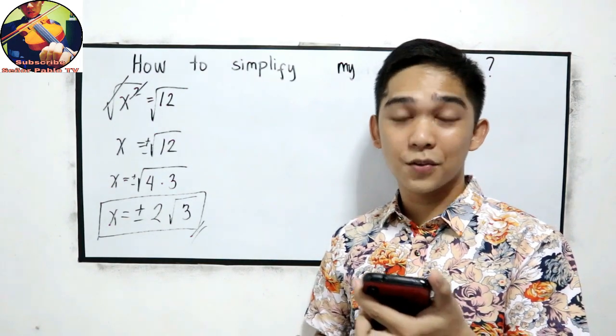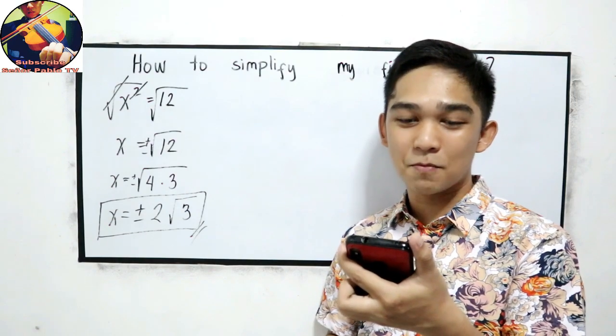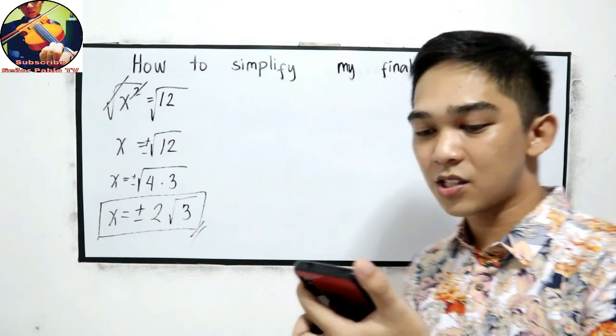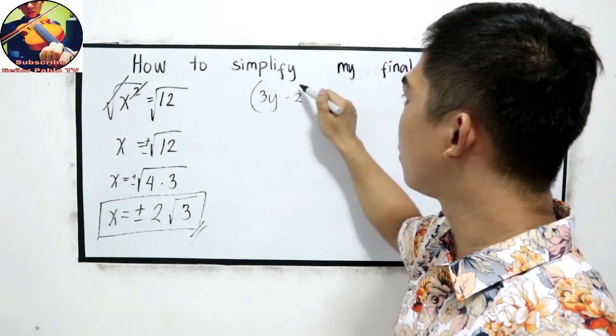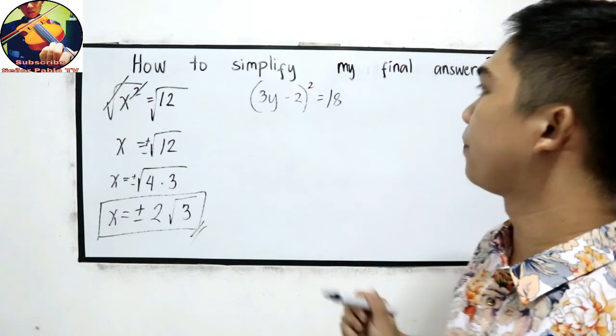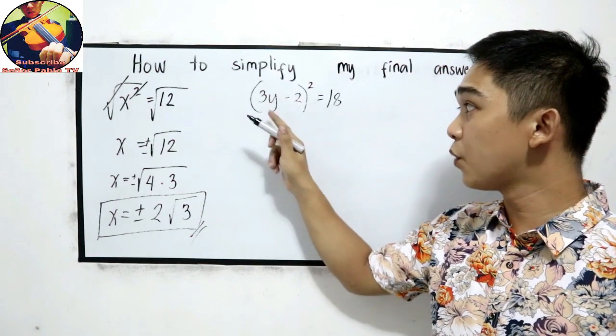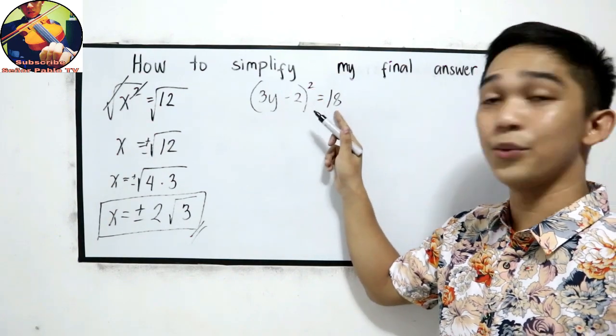Another question from Yeetboi. His question is (3y minus 2) raised to 2 is equal to 18. Okay, (3y minus 2) raised to 2 is equal to 18.